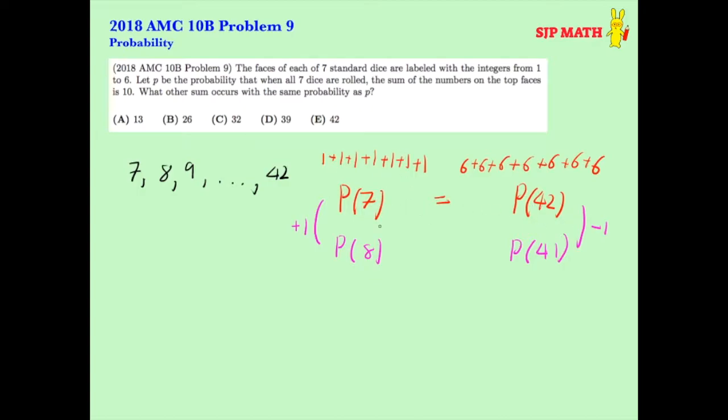The probability of getting a sum of 7 is equal to the probability of getting a sum of 42. And the number of ways to add a 1 to this is equal to the number of ways of taking away a 1 from this. So this tells us that the probability of getting a sum of 8 is equal to the probability of getting a sum of 41.